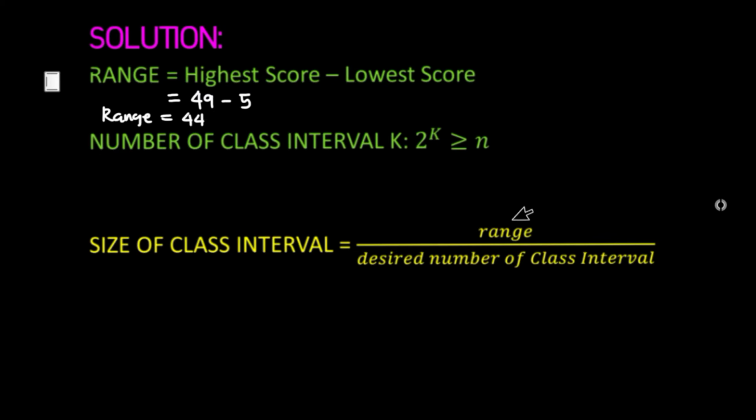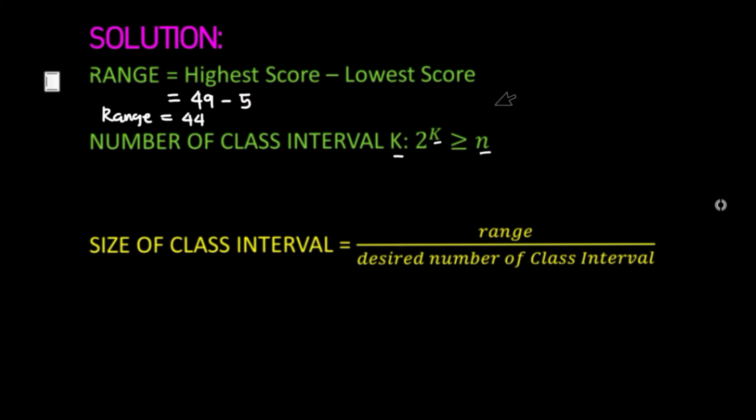Next, para naman po mahanap yung class interval k, ito po yung dapat natin gamiting formula. So, 2 raised to k is greater than or equal to n. So, si k po dyan ay dapat positive integer. So, ang goal po is, whatever it is na value po ng 2 raised to k, dapat mas mataas siya or equal siya doon sa total number of scores.